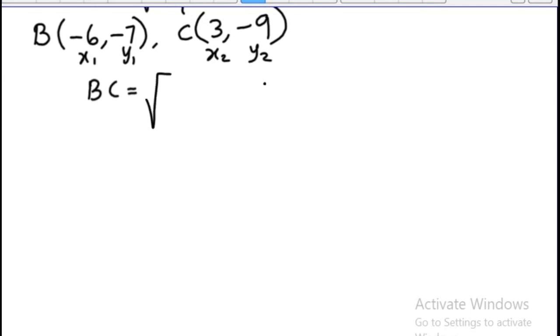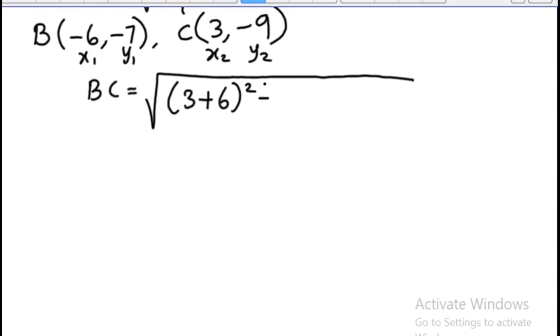The formula is (x2 minus x1) the whole square and (y2 minus y1) the whole square. X2 is 3, formula minus, x1 is minus 6, so it becomes plus 6 whole square, plus y2 is minus 9 and y1 is formula minus, so minus 7 becomes plus 7, this whole square.